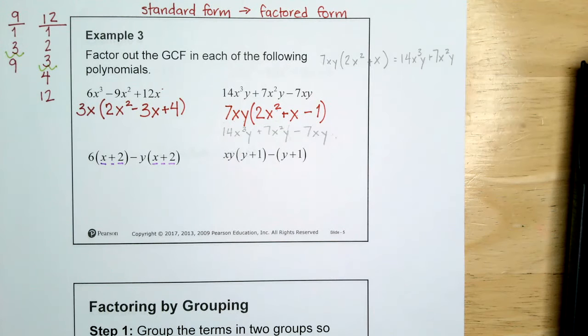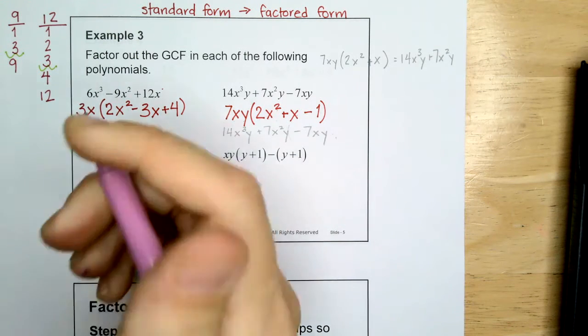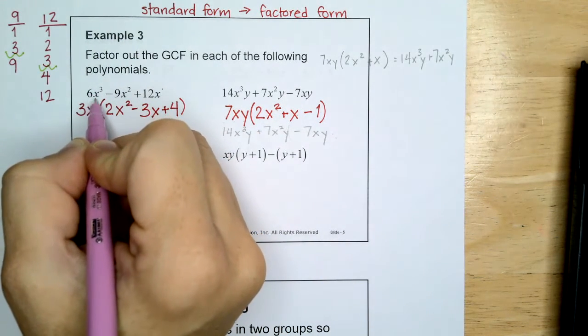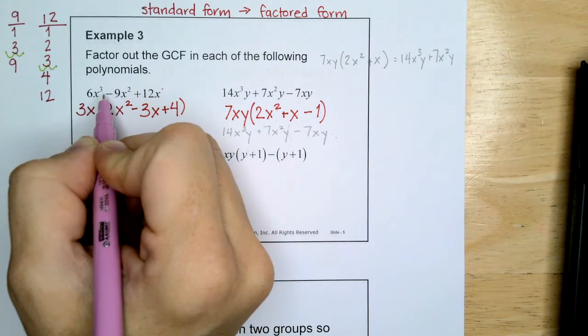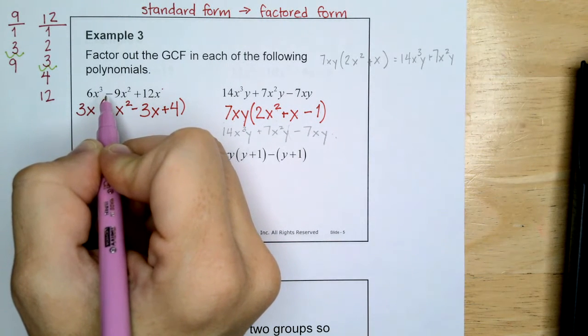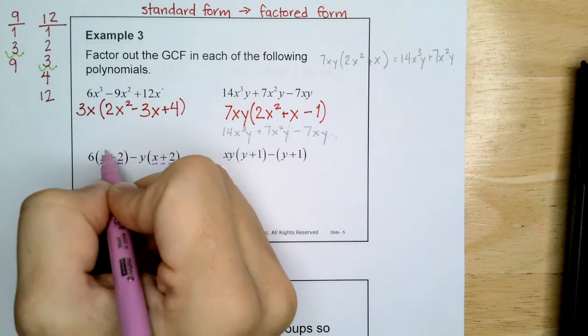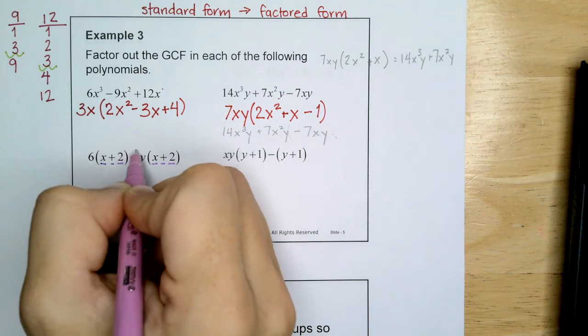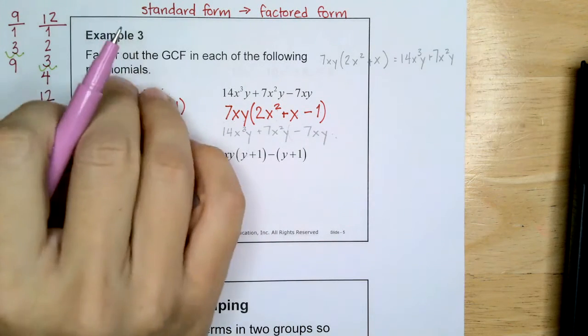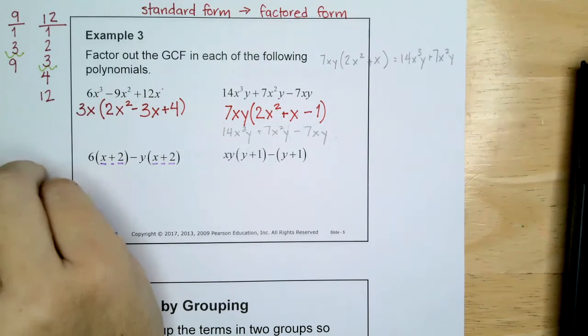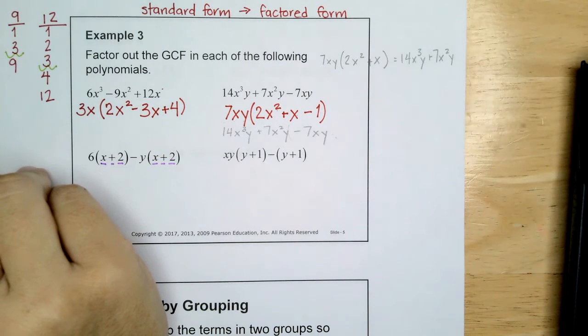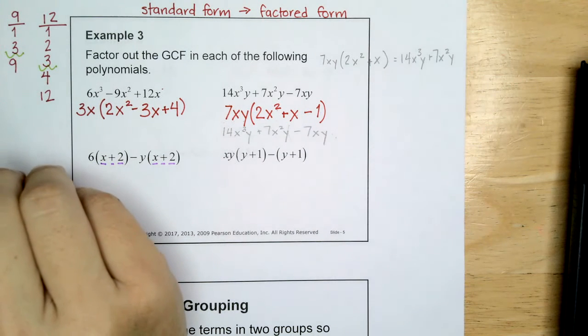For 6x squared, the 6 is a factor and the x squared is a factor because they're multiplied together, right? Here, sorry, 6x cubed, the 6 is a factor and the x cubed is a factor because they're multiplied together. Down here we have a 6 is a factor and the whole quantity in parentheses x plus 2 is a factor. I can factor out the x plus 2, yeah, because the common factor is the x plus 2.